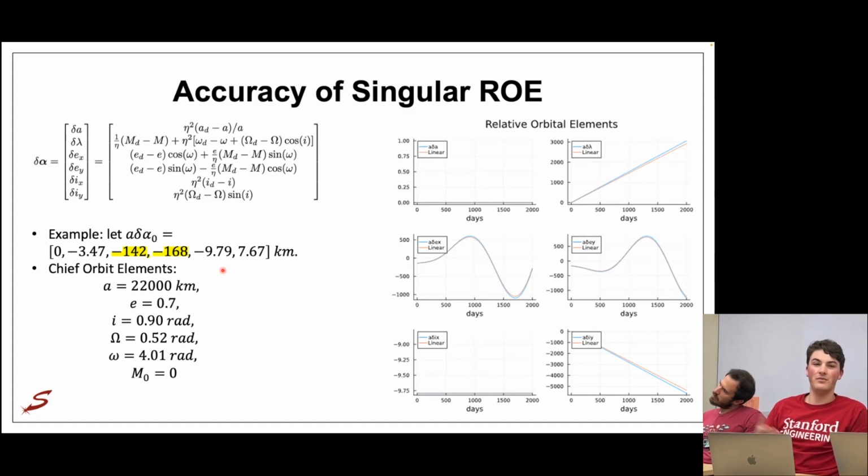And this is a general trend that you can see if you test different cases as well. I've found that this is in general the case. Even if your temptation is to use the quasi-non-singular set for everything because it works for all the cases, the singular set actually has a better linear approximation, which is something to account for when you're choosing your ROE for a mission.